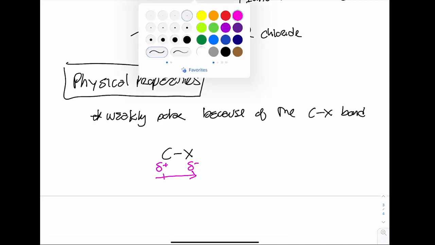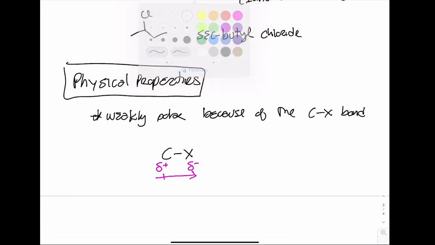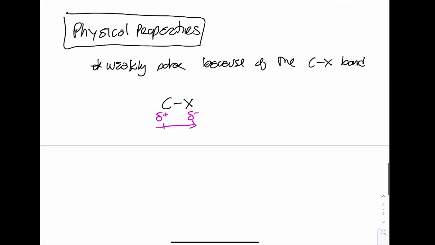So because it's a polar molecule, I do have dipole-dipole interactions. With alkanes, I only had London dispersion forces. So it does have dipole-dipole interactions, as well as London dispersion forces.